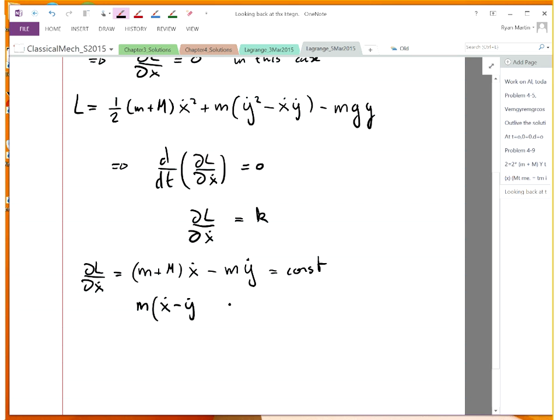So I have lowercase m times (x dot minus y dot) plus uppercase M times x dot.